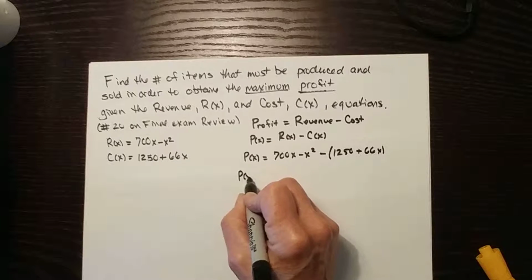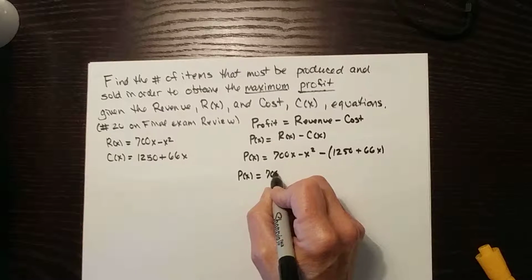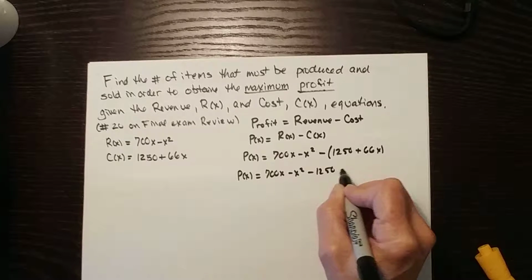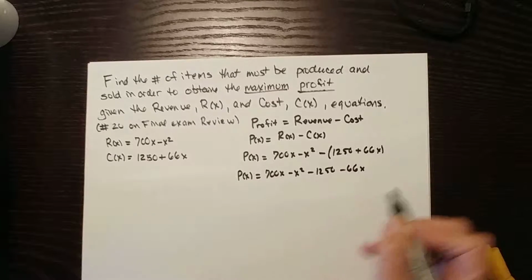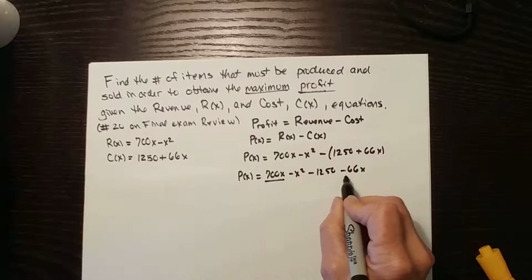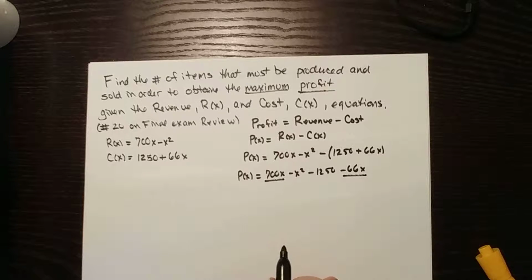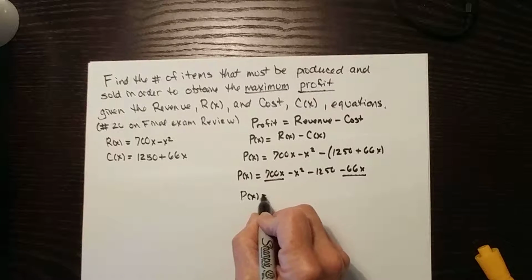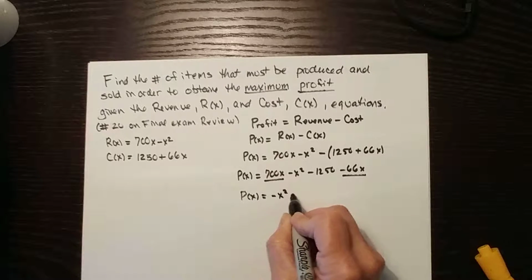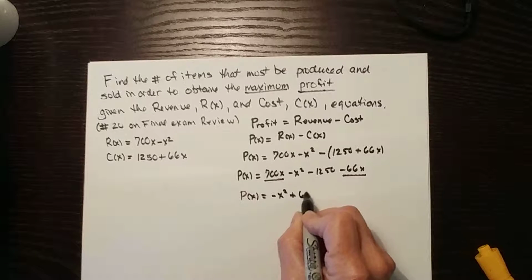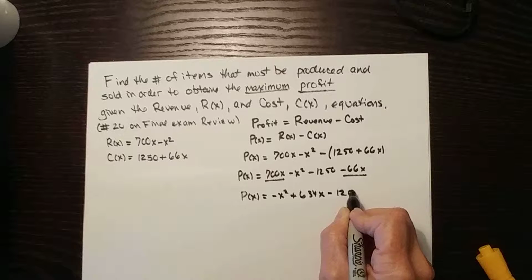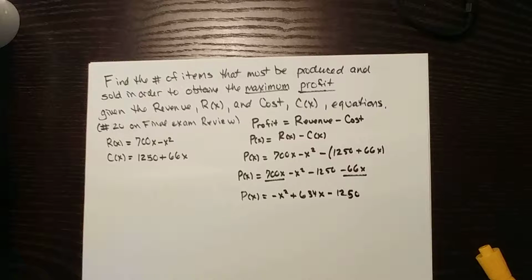So P of X is 700X minus X squared minus 1250 minus 66X. You can collect like terms of 700 and negative 66, and when you do that, P of X is equal to negative X squared plus 634X minus 1250. When you look at this equation, you'll notice that this is a quadratic equation.